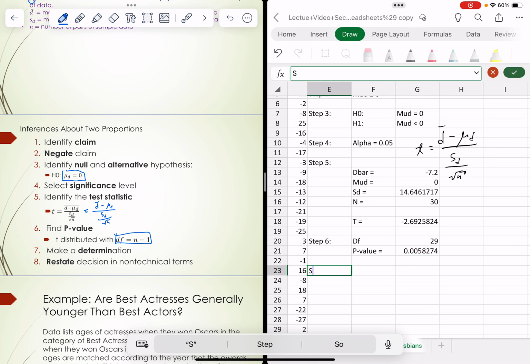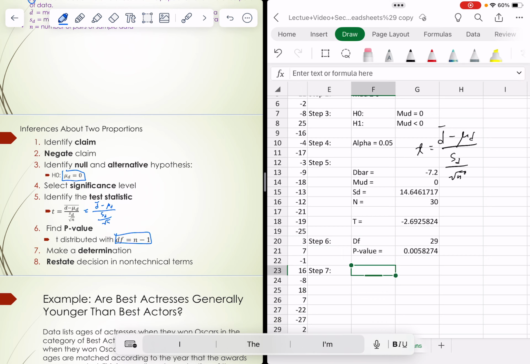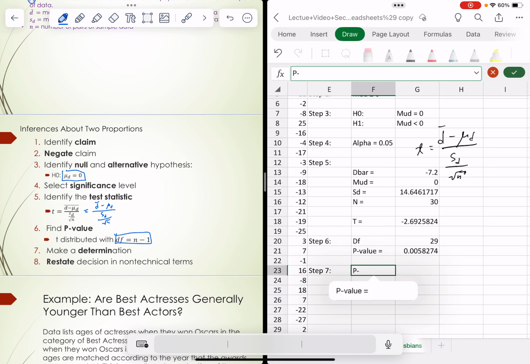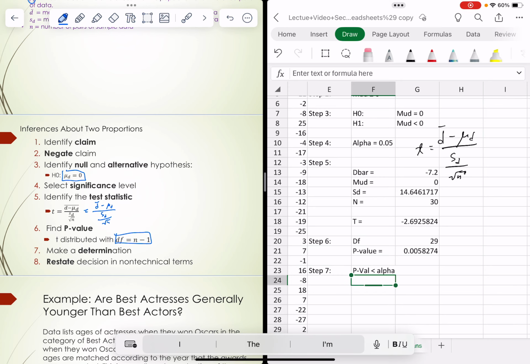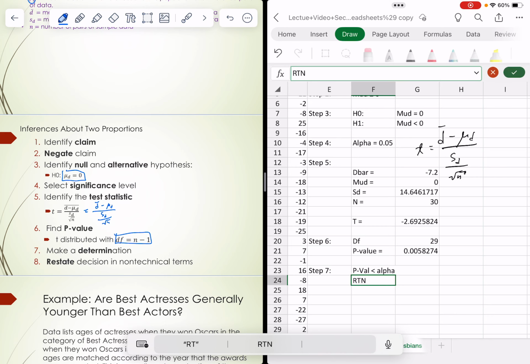Now my determination. Step 7. P-value is less than alpha. If the p is low, the null must go. And so the result is I'm going to reject the null.